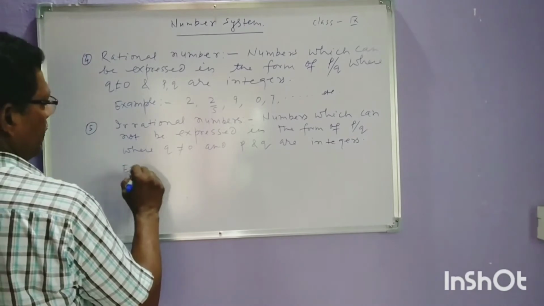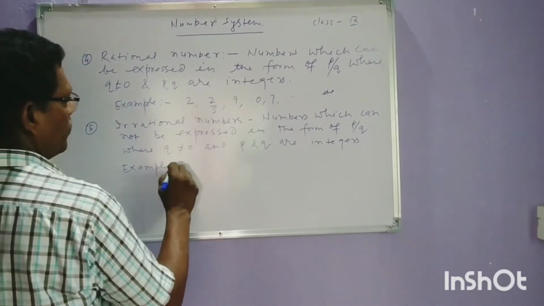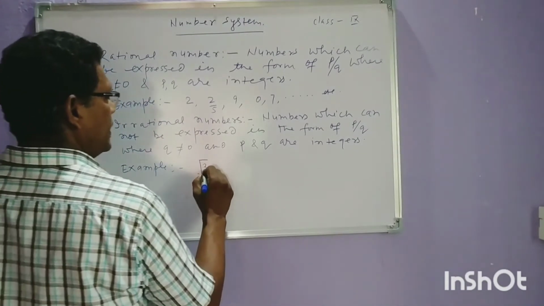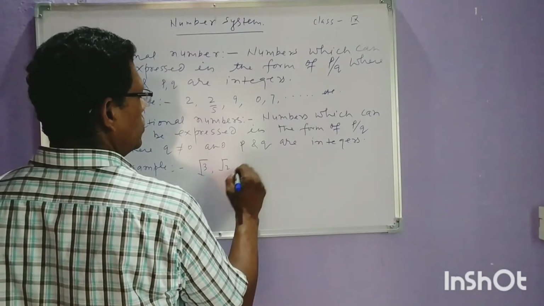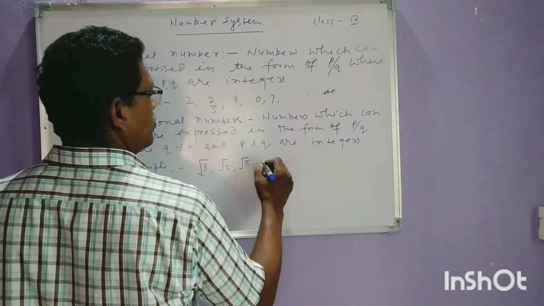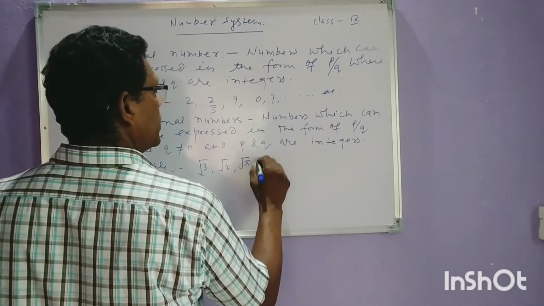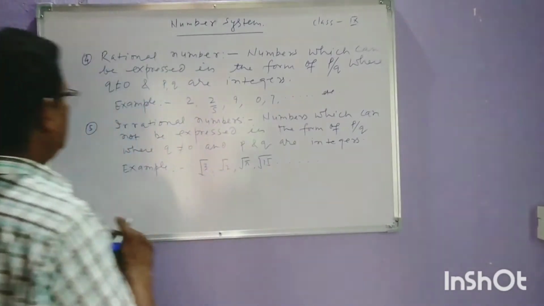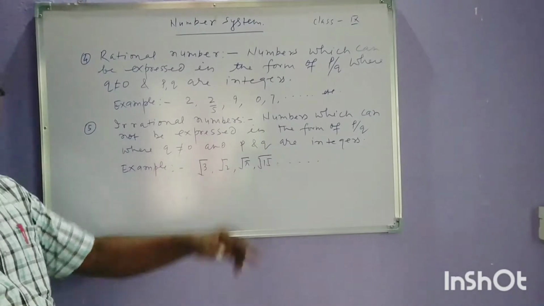Example: root 3, root 2, root pi, under root 15, etc. These are the examples of irrational numbers.